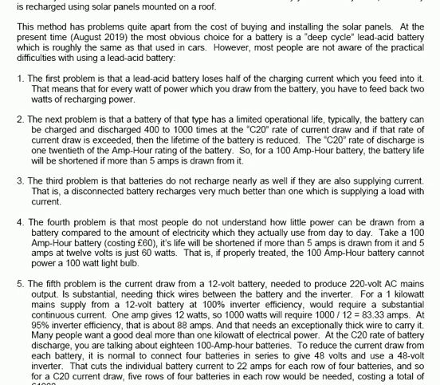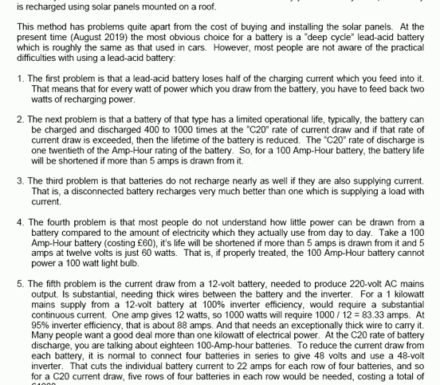The fifth problem is the current draw from a 12 volt battery needed to produce 220 volt AC mains output is substantial, needing thick wires between the battery and the inverter. A 1 kilowatt mains supply from a 12 volt battery running at 100% inverter efficiency would require a substantial continuous current. 1 amp gives 12 watts, so 1000 watts will require 1000 divided by 12, which is 83.33 amps.